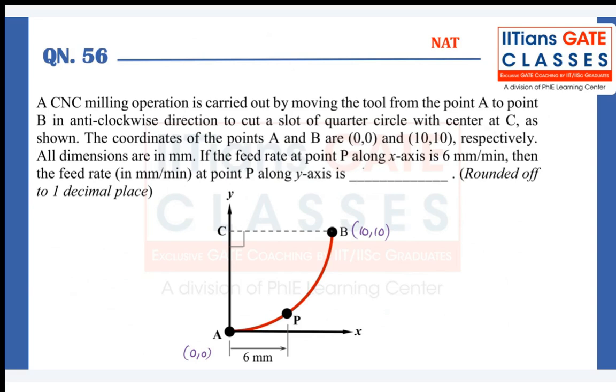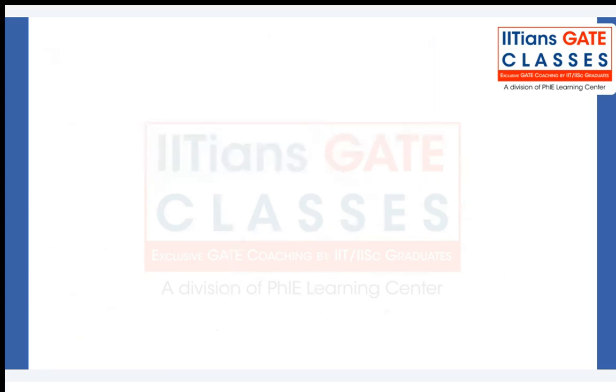If the feed rate at point P along the x-axis is given as 6 mm per minute, then we need to find the feed rate in mm per minute along the y-axis. Along the x-axis is given, along the y-axis we need to find. Now let us solve this question.